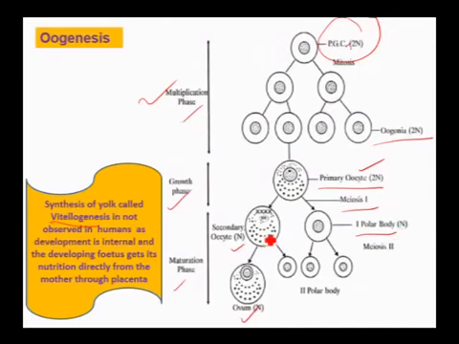The secondary oocyte gives rise to one egg or ovum, which is larger, and one smaller body. Similarly, the first polar body also undergoes meiosis 2, resulting in two more polar bodies. As a result, each primary oocyte gives rise to one ovum and in total three polar bodies.